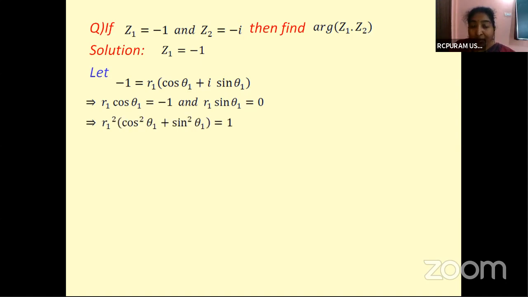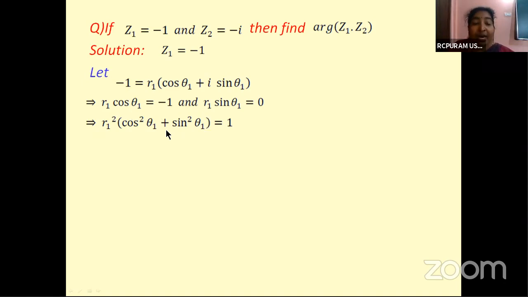Then on squaring both equations and adding, we get R1 square into (cos square theta 1 plus sin square theta 1) is equal to (minus 1) whole square plus 0, which is nothing but 1. Inside the bracket is the trigonometric identity, so its value is 1.